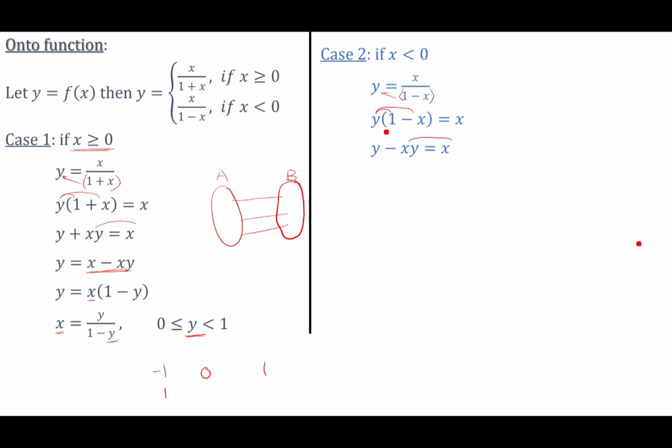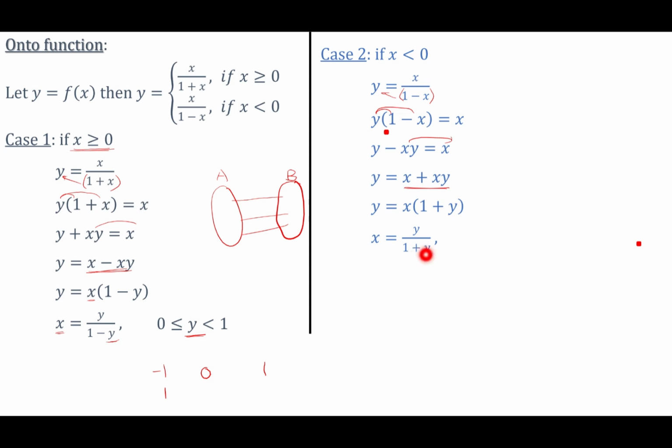I switch negative xy to the other side, it becomes positive. And from the right side, choose x as common, then it will be 1 plus y. Divide by 1 plus y on both sides. So x is equal to y over 1 plus y.